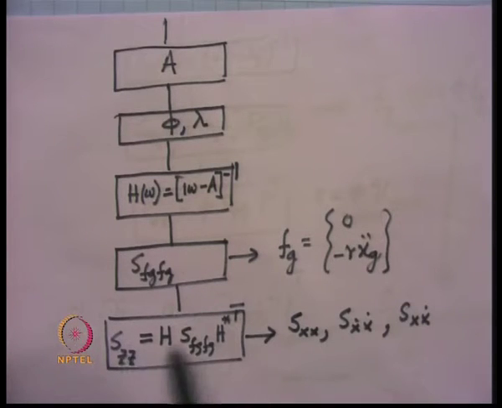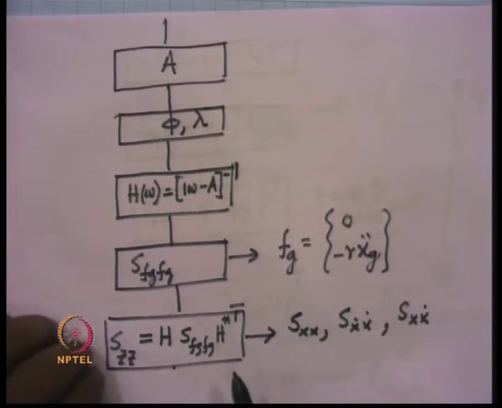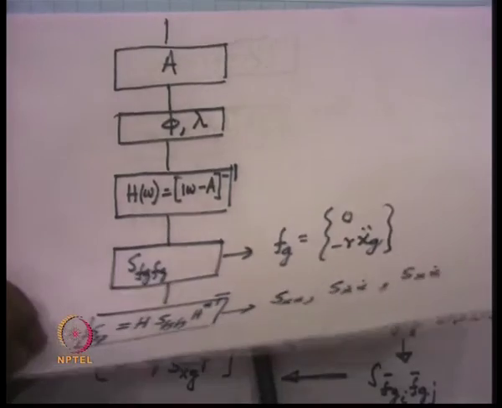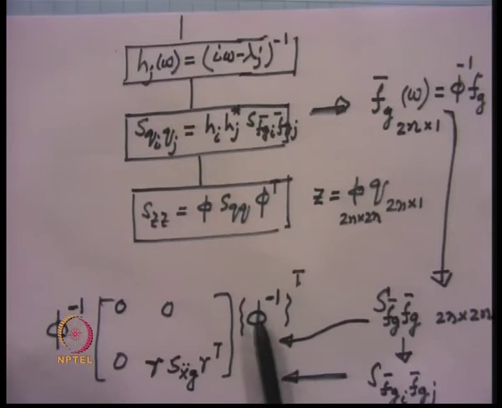Note that Szz matrix contains Sxx, Sx dot x dot and the cross spectral density function between displacement and velocity and displacement. Sum of them is equal to 0, and depending upon whether you require the power spectral density function of displacement or velocity, we can choose the appropriate quantities from these two matrices. So, that is the direct state space analysis, that is direct state space power spectral density function approach.